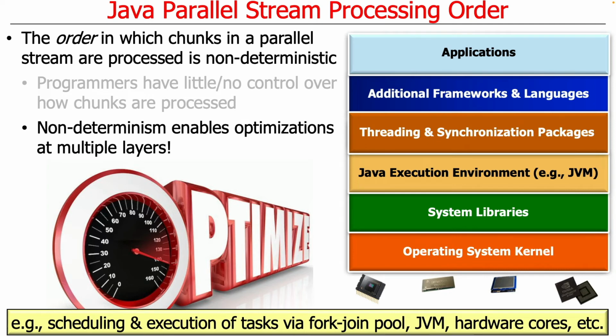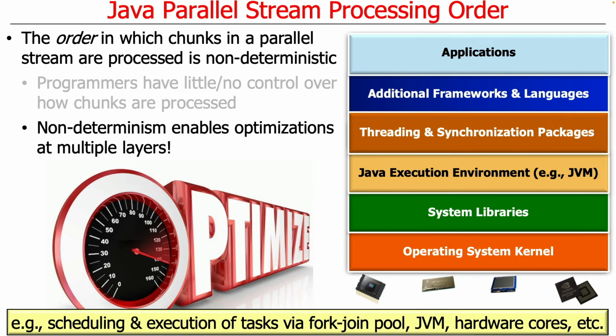Of course, the hardware cores can do all kinds of speculative computing and out-of-order execution and all this good stuff. And the common fork join pool uses a technique called work stealing to decide to run things in different orders based on which jobs finished earlier.